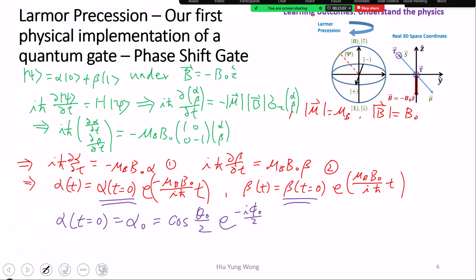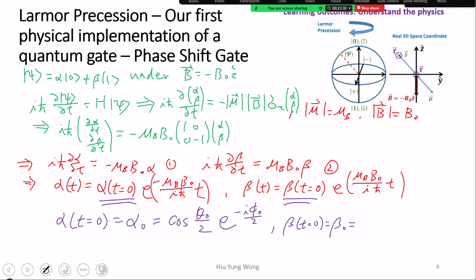How about beta 0? I mean beta at t equals 0. It's just beta 0, but this is the coefficient for the basis state 1. So what is that? Do you remember? It's kind of opposite, right?